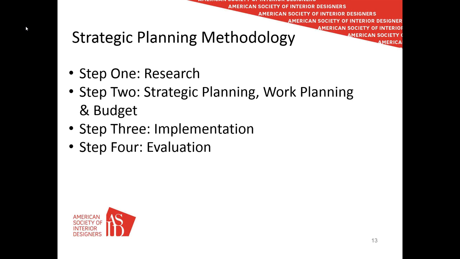The way that it's laid out is that you should plan 2 days for the strategic planning meeting, and then 2 days for the work plan meeting, plus preparation time. As Crystal stated earlier, the strategic planning meeting should take place before the end of March. We do recommend that you can use a neutral facilitator. It doesn't have to be a chapter member.